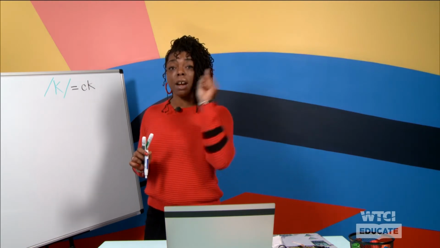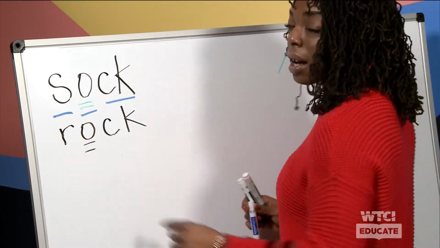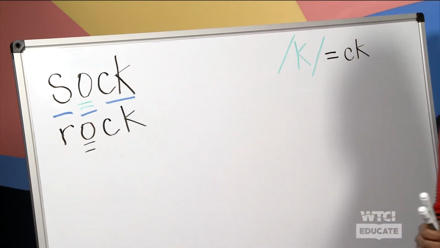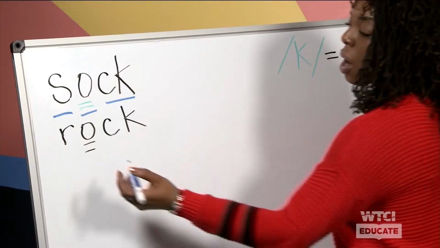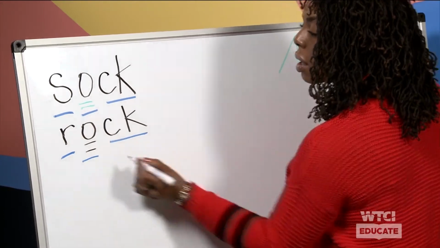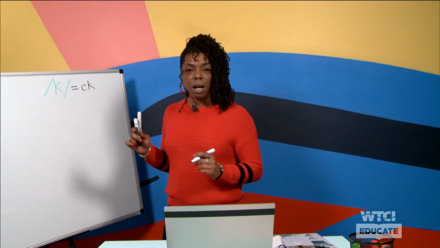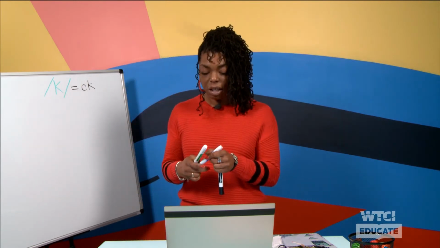Awesome. We did that work a little while ago, okay? Now let's look at the word rock. So make sure we have the letters that represent the sounds we hear. R, O, K. Okay? Awesome work. Still 3 sounds. Now, let's look at our next word, lock.